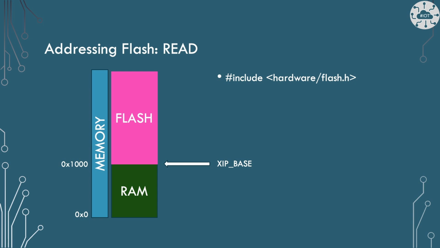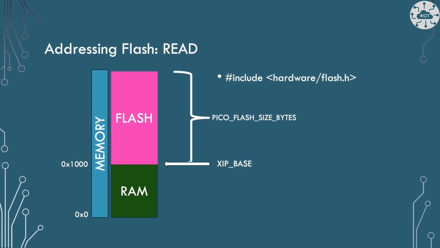That gives you the base position of where flash starts. There's also the PICO_FLASH_SIZE_BYTES definition available for us in C and C++ to tell us how big the flash is. So we know that it's 2 meg on the Pico and Pico W, but some of those other boards, they will give us the definition to give a much bigger flash size.